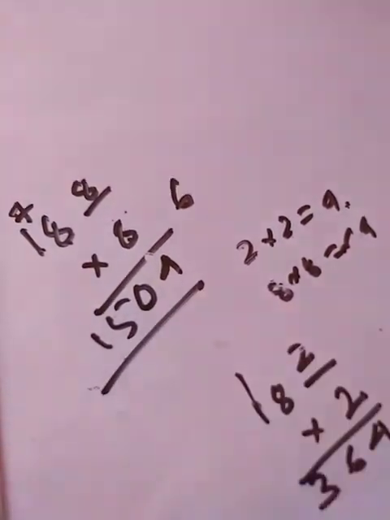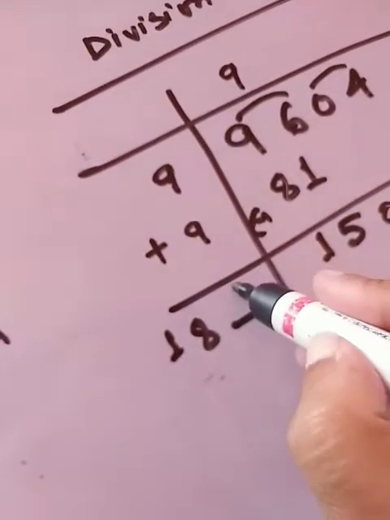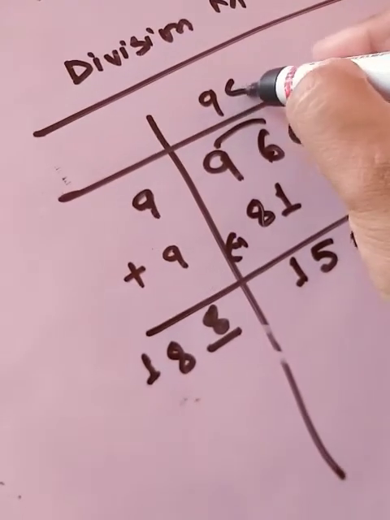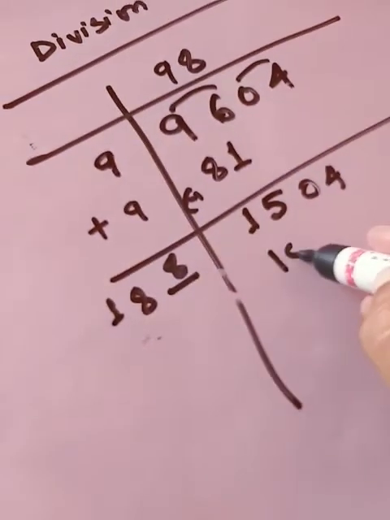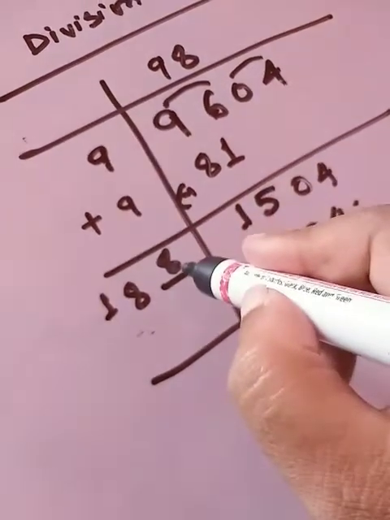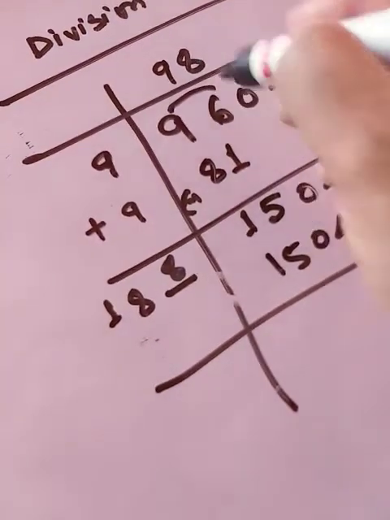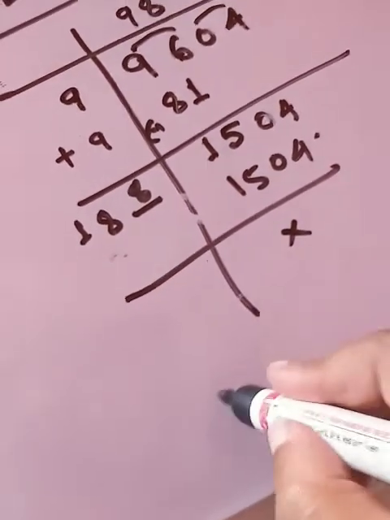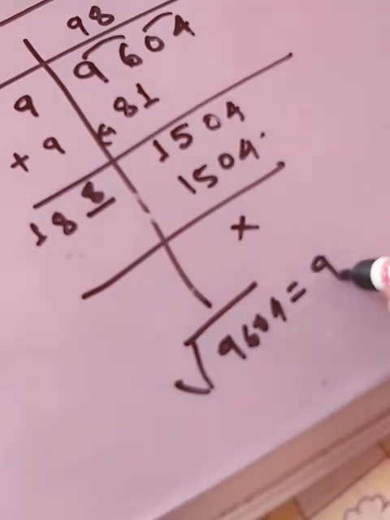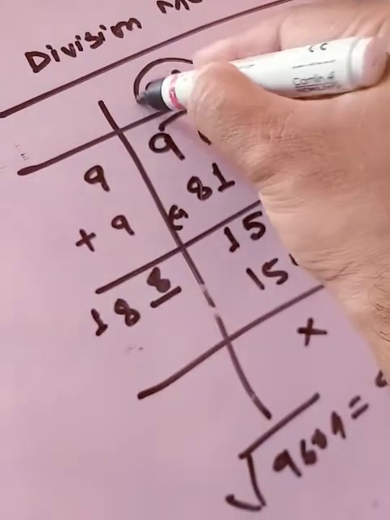So now see, we are getting the number. So you will put 8 here. I hope you remember the sequence. First 8 here, then you will write 8 here, and at last you will write this number. Please maintain this sequence. So the square root of 9604 is equal to 98. This is your answer.